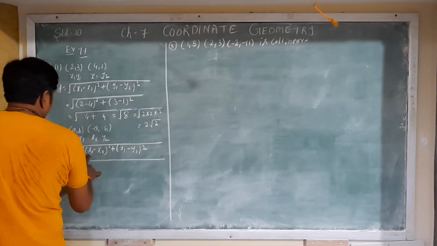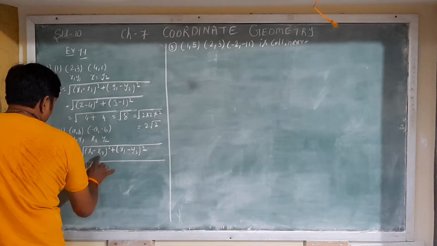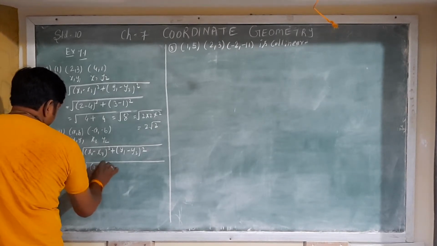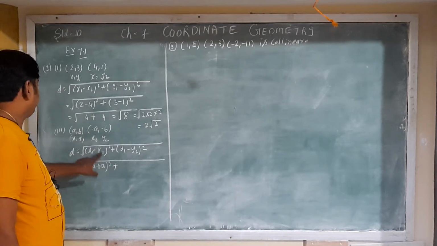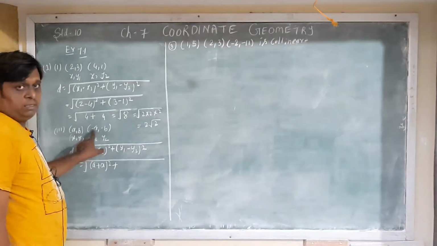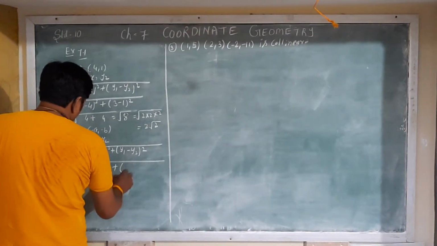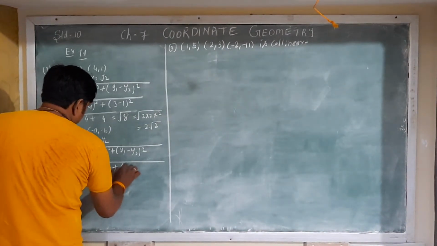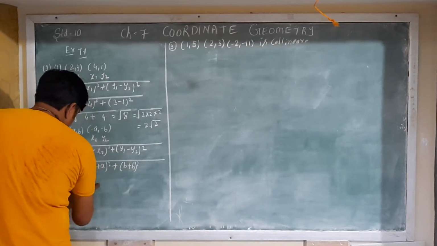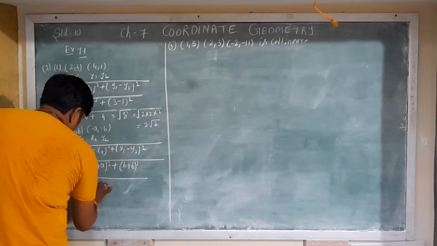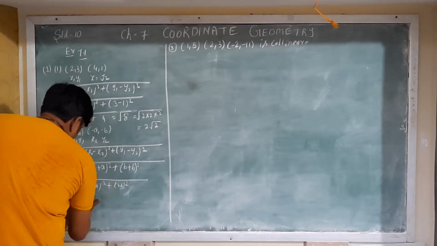What is x1? x1 is a, x2 is minus a, so minus becomes plus. Any confusion? x1 minus x2 gives minus, plus also. y1 is b, so b minus minus b, plus b square. Your answer is 2a squared and 2b squared.